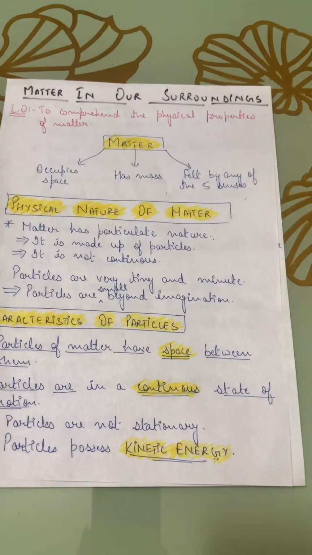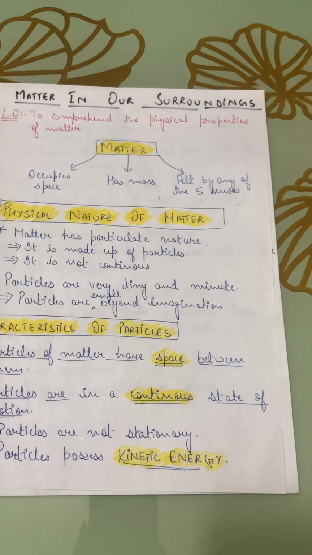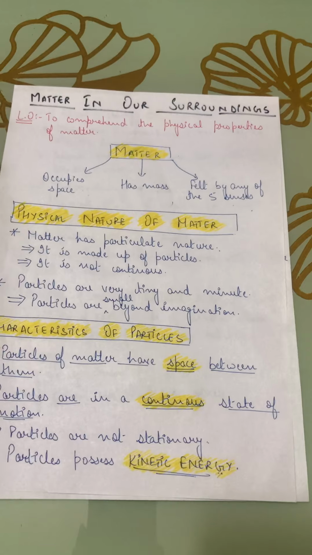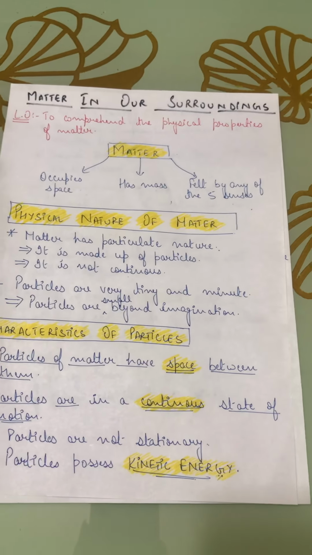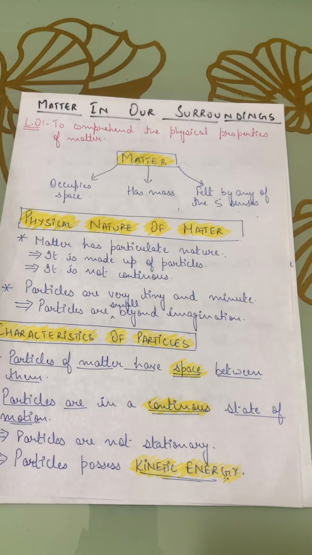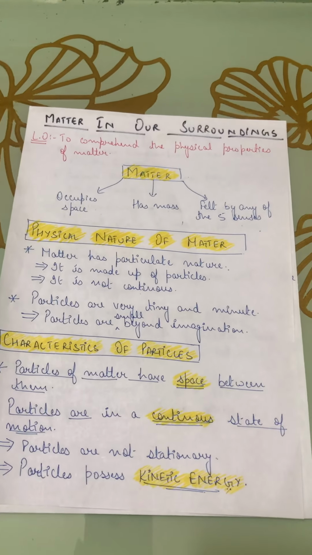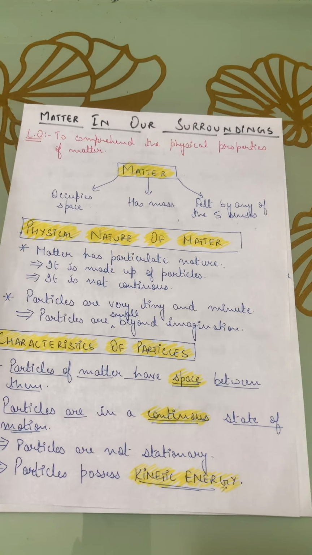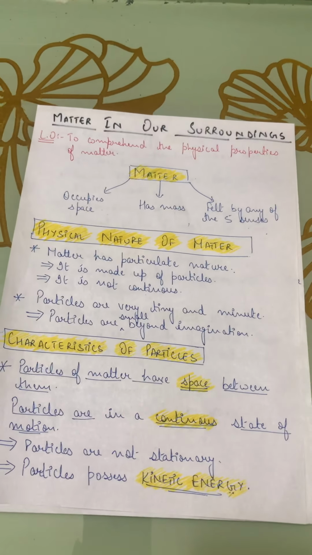I just explained to you the example of a perfume bottle. The same example applies here as well. You are sitting in one corner of the room and your partner opens up a perfume bottle in the other corner of the room. You are able to smell the perfume.